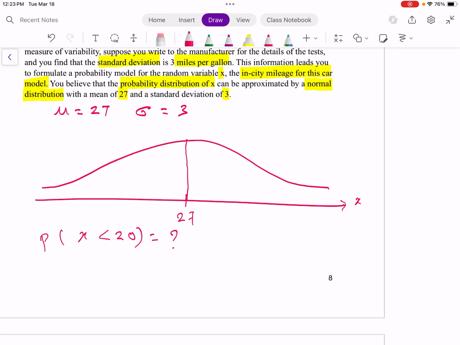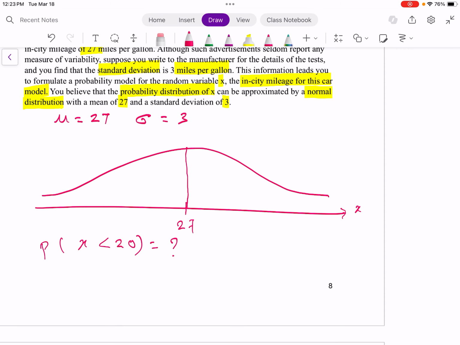Now I want you to try this one. We have the mean equals 27, sigma equals 3. We already have the graph here, the normal distribution. Now what is the second step? We set the area. We are asked to find the probability that x is less than 20.